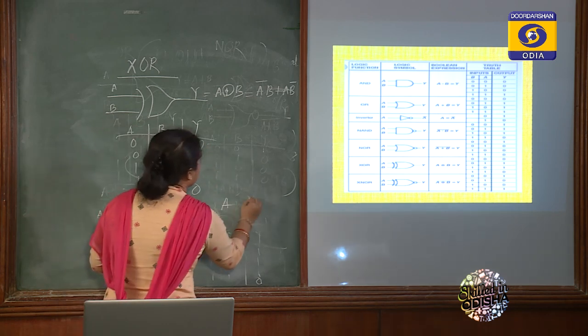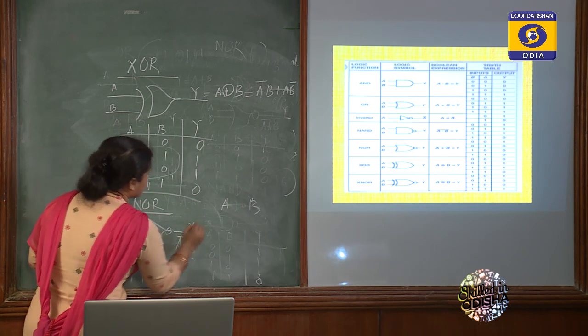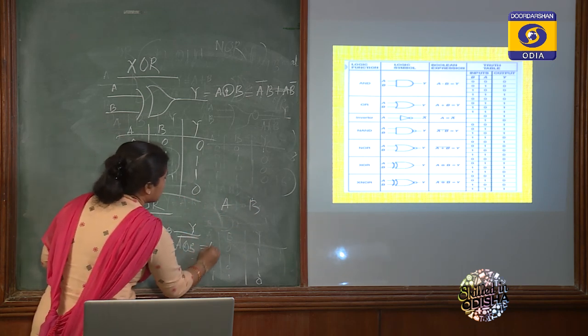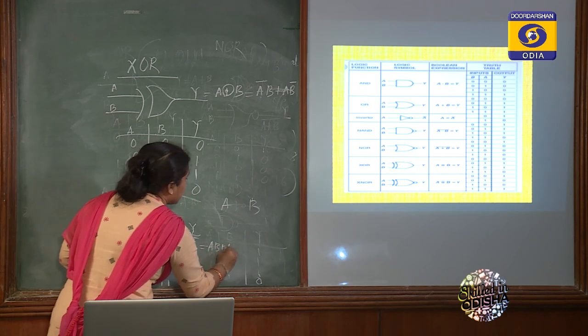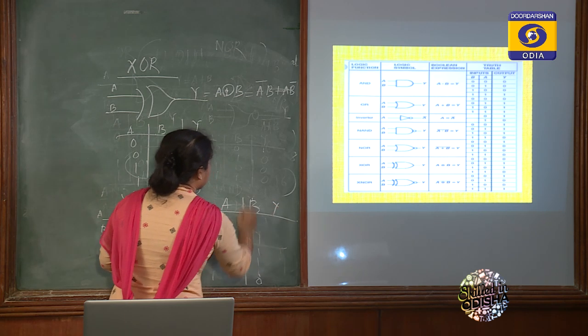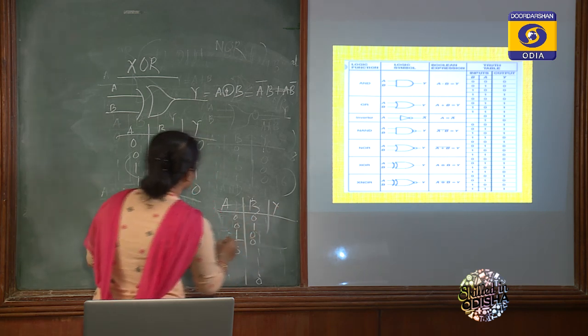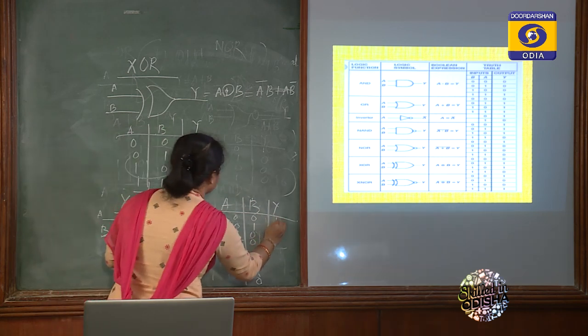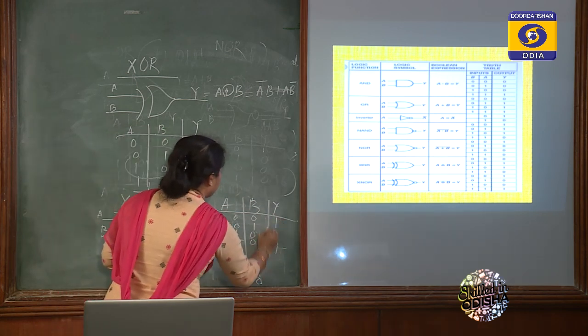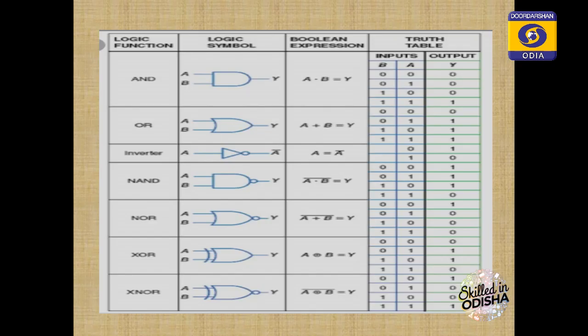This is A, B, and here we will be getting A XNOR B, that is AB plus A bar B bar. So here we will be getting 0 0 0 1 1 0 1 0, just reverse of this, means 1 0 0 1. This will be the truth table. And already this is also given on the screen.